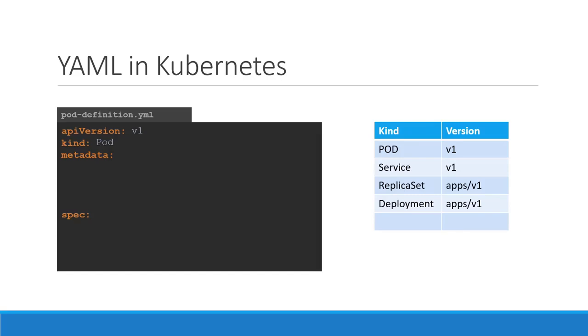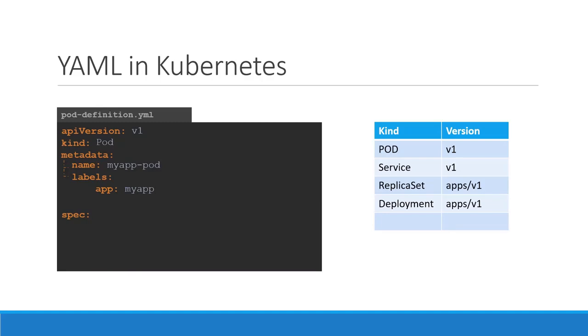The next is metadata. The metadata is data about the object, like its name, labels, etc. As you can see, unlike the first two where you have specified a string value, this is in the form of a dictionary. So everything under metadata is indented to the right a little bit, and so name and labels are children of metadata.